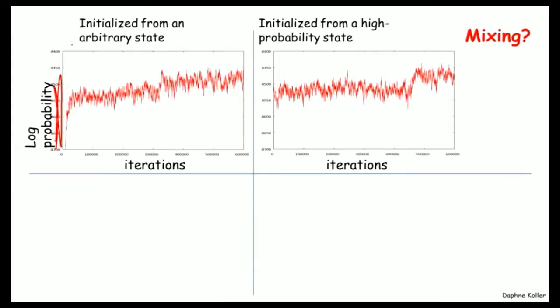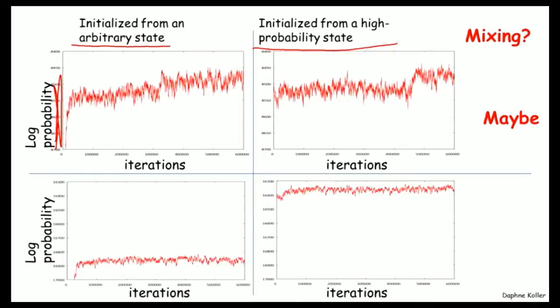And this is a run that's initialized from an arbitrary state, and this is one that's initialized from a high probability state. And you look at this and you say, has it mixed? Relative to this criterion, the answer is maybe. It looks okay, but you're not entirely sure. But we can look at other statistics. Oh, sorry, let's look at another example. What about this one?